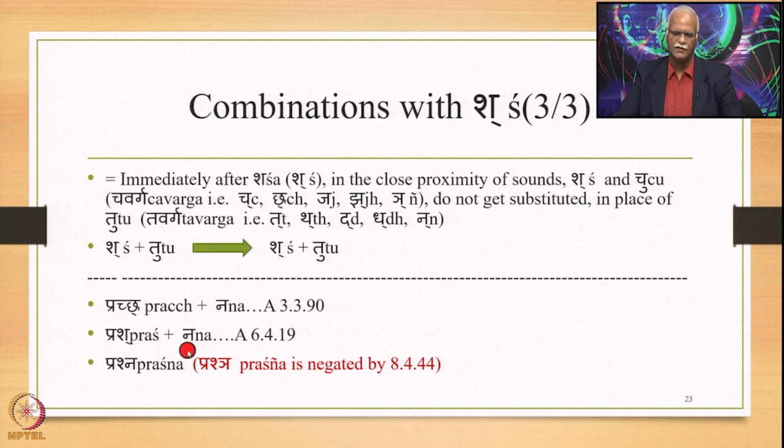Stoh shchunashchuh should apply, and then substitute this na by ña. But shat 8444 negates this, and so we get the form prashna as it is. Prashña, which would be the form if we apply 8440, is negated by 8444.